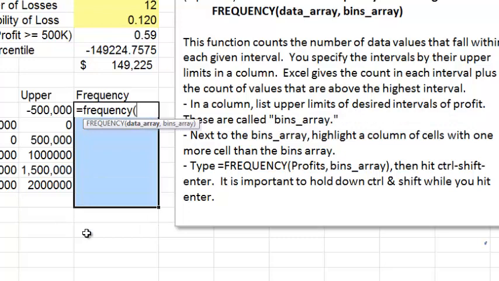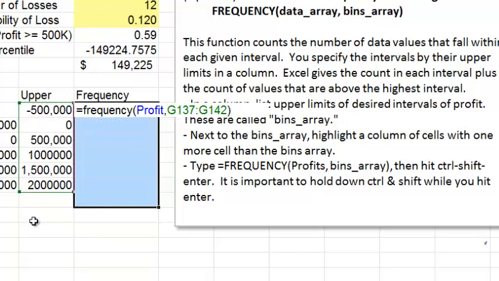Then we indicate we want to count numbers in the profit column, and then we select the upper limits here, then close the parentheses. Now here, instead of hitting enter, we need to hold down Control and Shift and then hit enter in order to fill in the entire range with the frequencies.